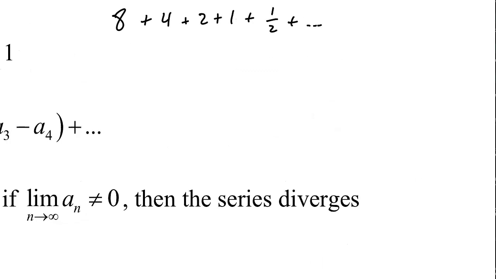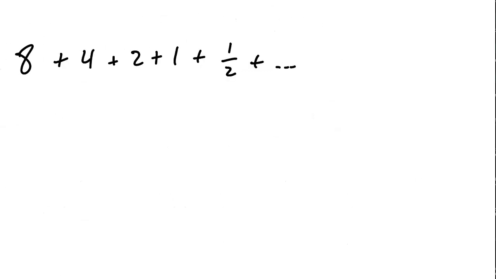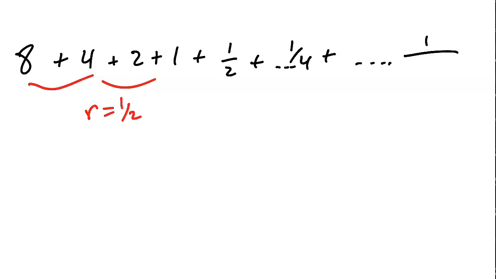Okay, so I'm telling you, this is geometric. This is geometric because as I go through each term, I am multiplying by 1/2. Eventually, this will get small enough that it will go to 0, so I'll eventually start adding nothing to it.